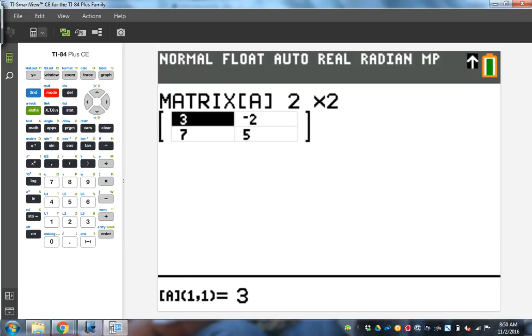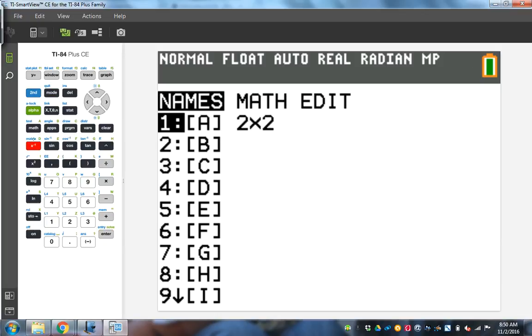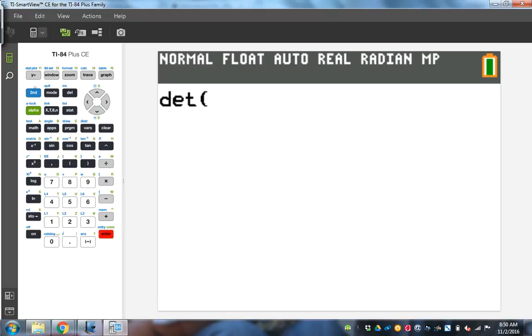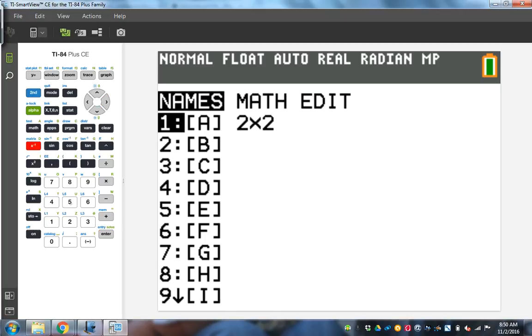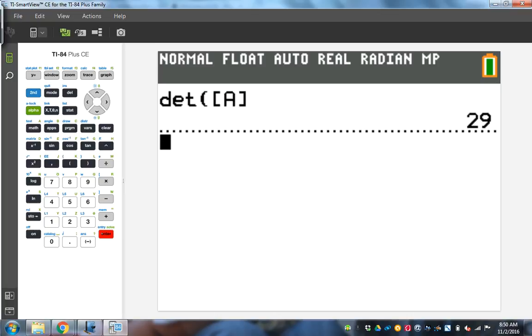And then to get it to do the determinant, you go to the matrix menu, go over to math, and the very first option, DET parentheses, is the determinant. Then you just tell it which matrix to do the determinant of. Hit enter, and there we get 29, just like we did. Okay, so it can be done with the calculator very easily.